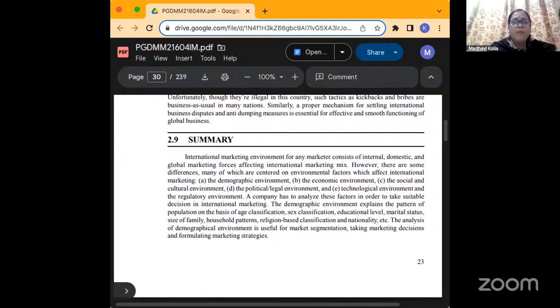So a proper mechanism has to be installed by a business or a firm to make sure that all these environments are considered well in advance. There is sufficient marketing research that is done before they move to a new country.